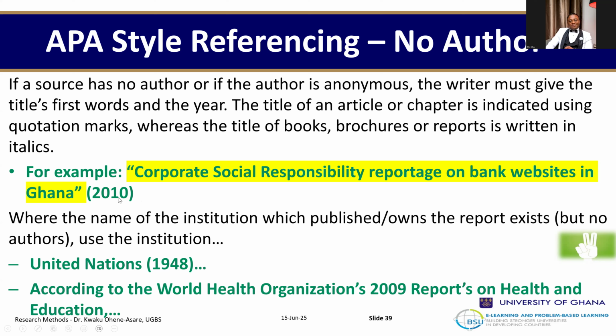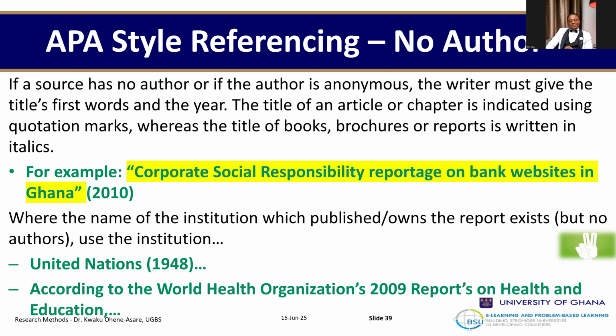You have to pick the same thing, the whole of the title, if that is what the reportage is about. So corporate social responsibility. So let's say that you are doing in-text citation of this document. You can choose the entire title of the document, and then you use that.